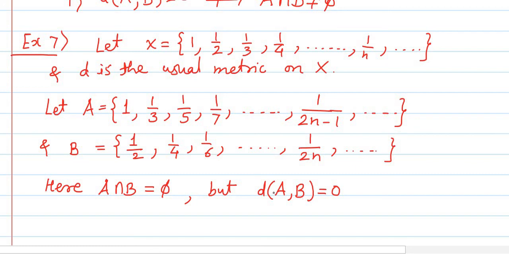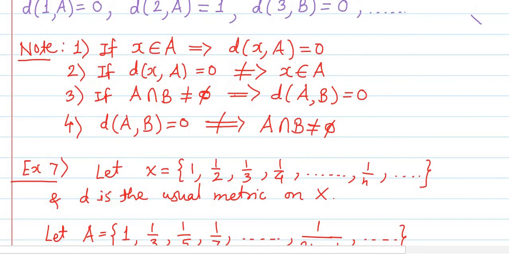Therefore, the infimum of all such distances will be certainly 0, and therefore the distance between sets A and B is 0, even though they are disjoint sets. This is in support of the note that we have mentioned here, that if A intersection B is empty, even then we may have the distance between them as 0.